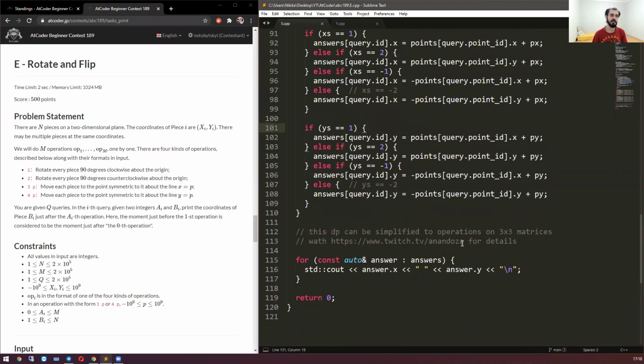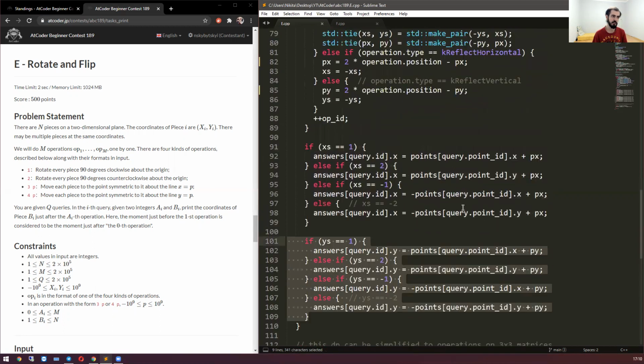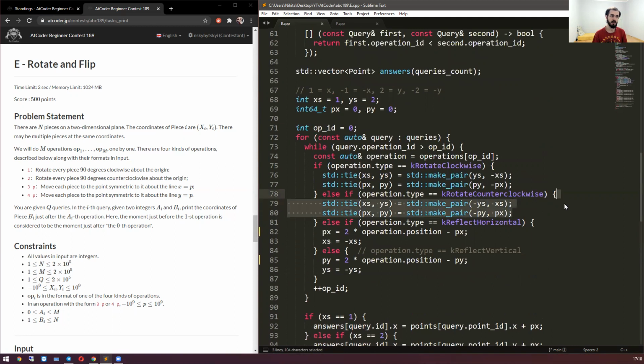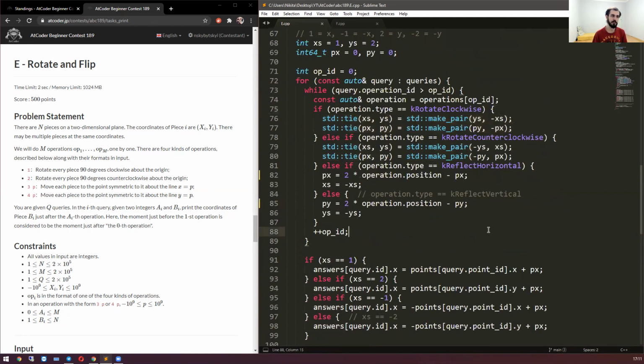But definitely check out his stream if you want to find out how to do it with matrices, because it's really cool. I even think that I should pre-write the same matrix operations for myself, because it's overpowered in this problem. With operations, you can cut them much better.